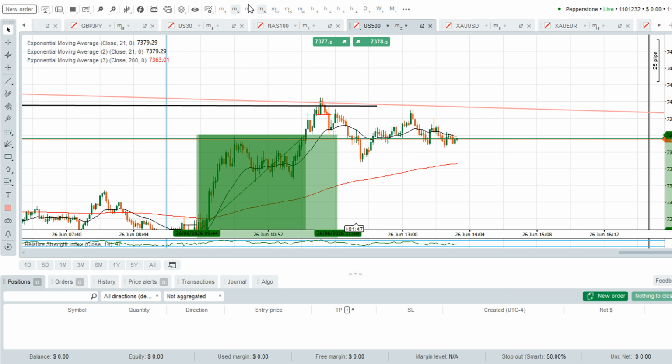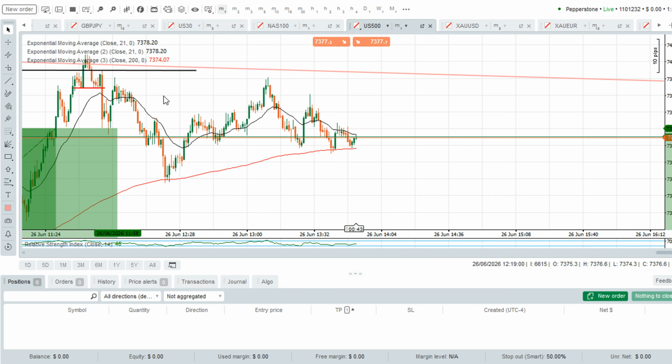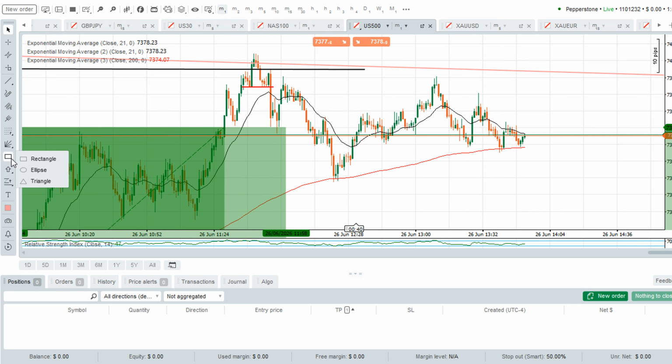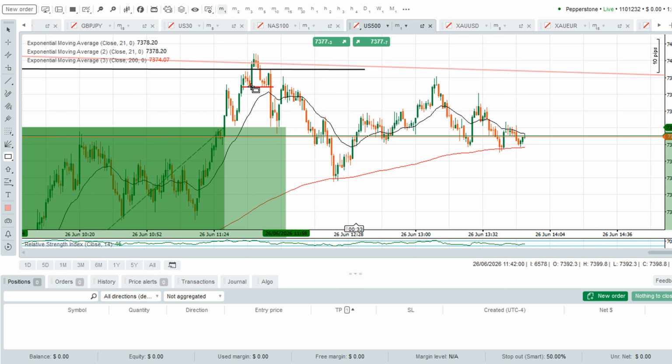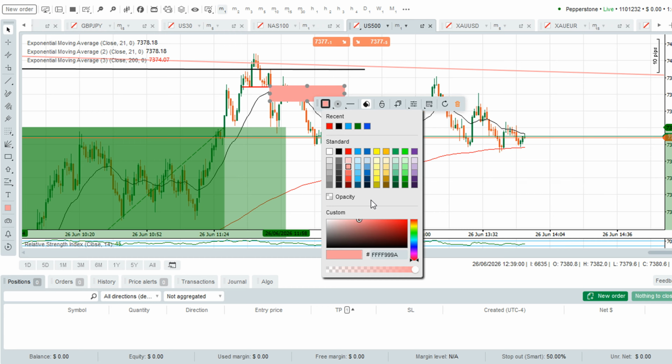So let me shift to the 1 minute time frame. And as you can see in the 1 minute time frame, the price has broken below this high, which shows a change in character, and left a very big fair value gap. So this is our fair value gap, guys.